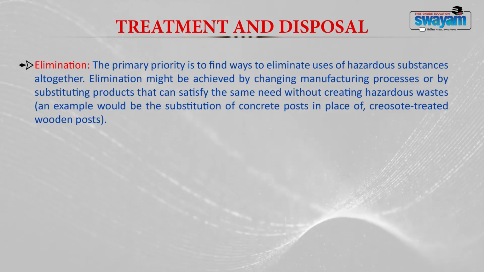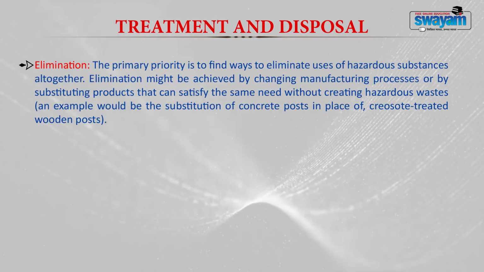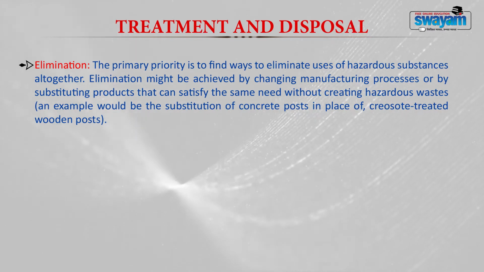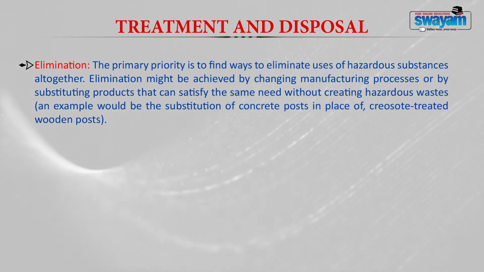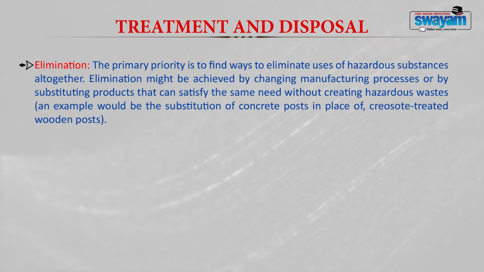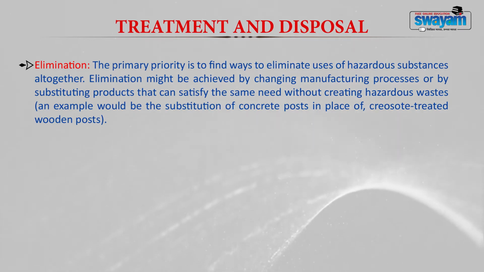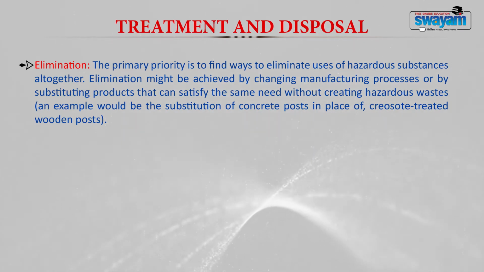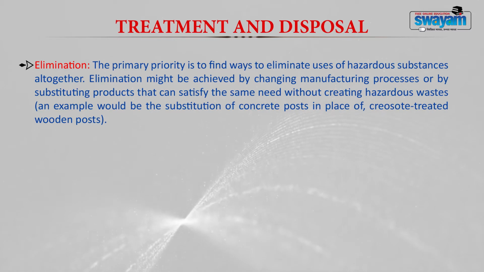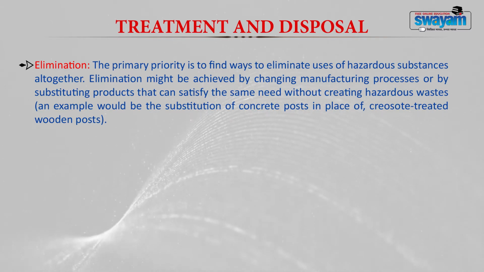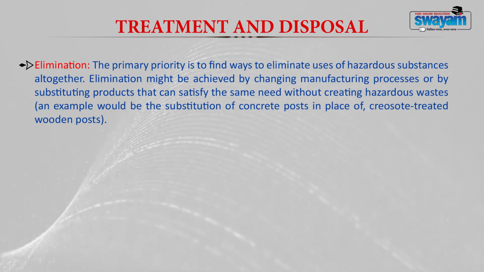Now what is elimination? This is of prime importance: before certain hazardous substances are produced, try to find ways so that you can eliminate the use of these hazardous substances. So the prime priority is to find ways to eliminate them and use other alternate materials so that you can avoid the generation of hazardous substances.